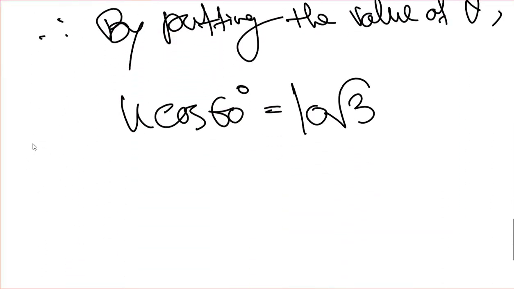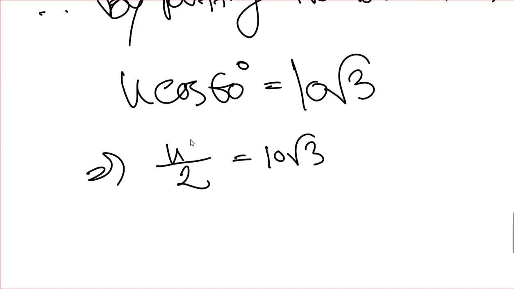10 root 3. So it will be u by 2, the value of cos 60 is half, will be 10 root 3.